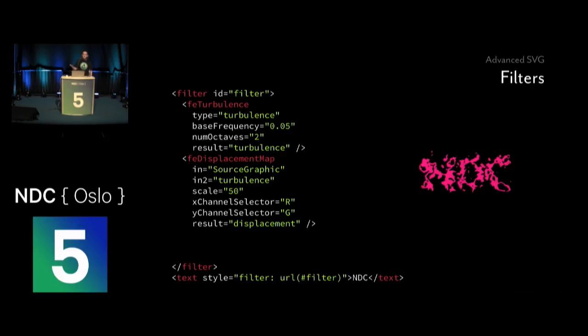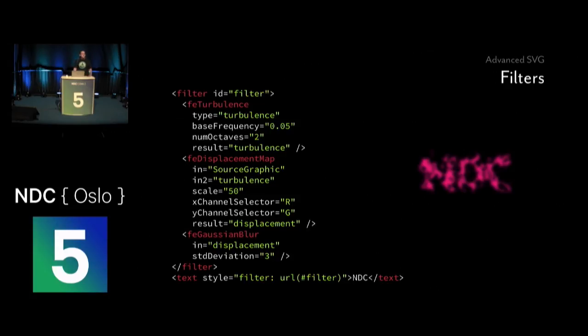And then at the end of this, we assign this value to a variable that we're going to call displacement. And again, this isn't a full programming language, but it's close enough that we can pass one thing into another and compose our filters together. So the last thing we're going to do here is take that displacement and put it inside of another filter effect called Gaussian Blur.